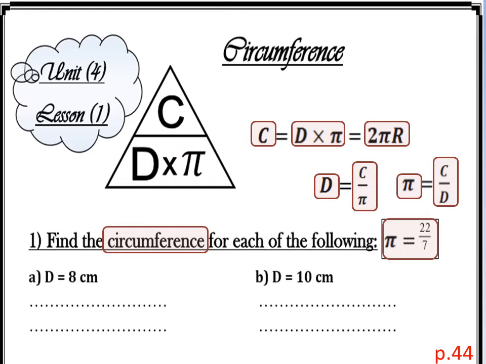He gave us the value of pi, so we are going to apply the rule. In letter A, D equals 8 centimeters, so the diameter equals 8 centimeters. The rule: C, the circumference, equals D times pi. So C equals 8 times 22/7.